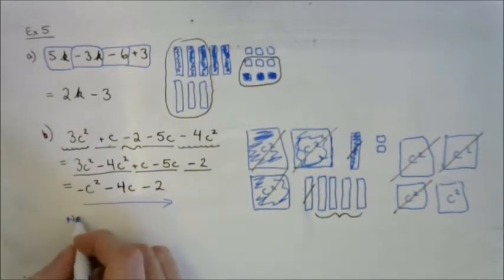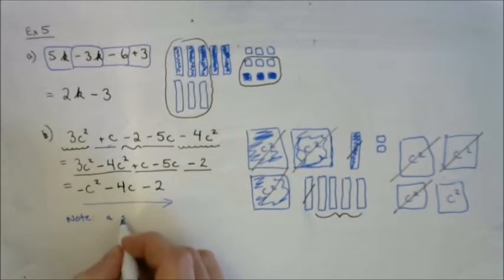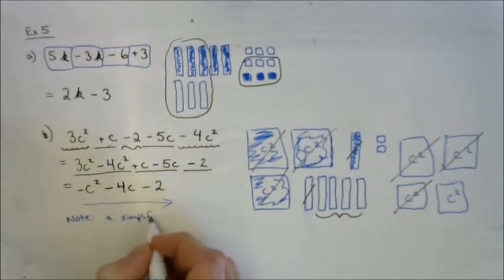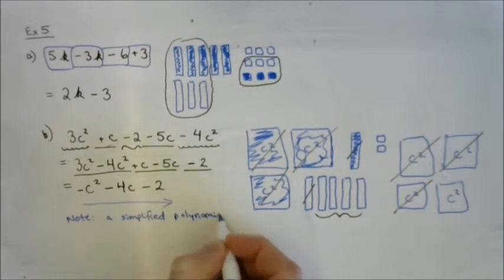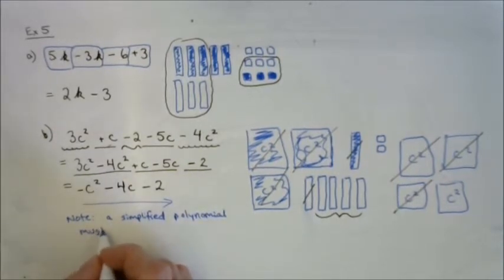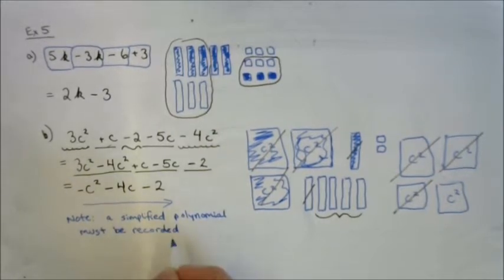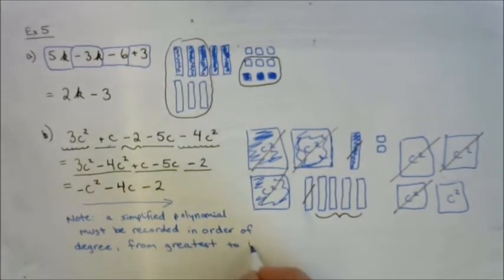So note, a simplified polynomial must be recorded in order of degree, from greatest to least.